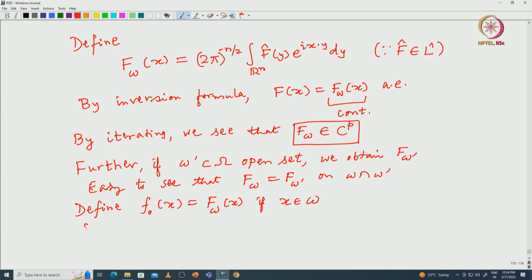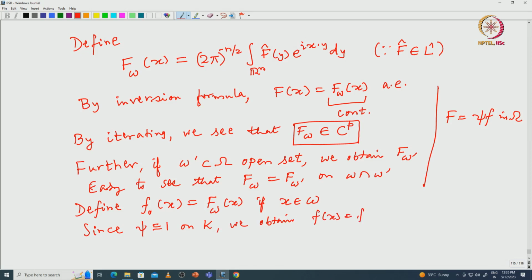Since, again just remember that f is psi f in omega, okay, and psi is 1 on K. Since psi is identically 1 on K, on K we obtain f of x equal to f 0 of x almost everywhere. So, very nice proof indeed.